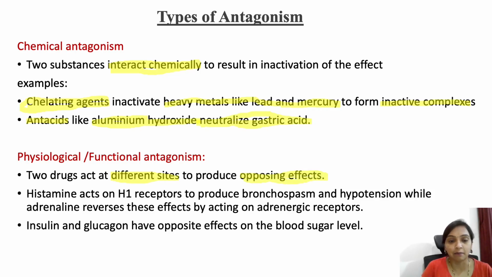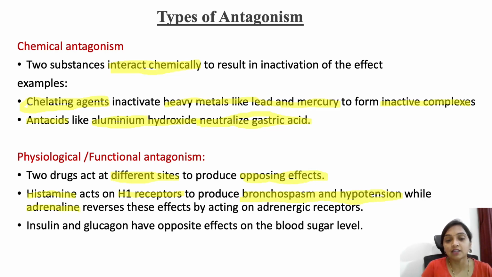The effect is hampered. An example is histamine. What is its effect? Histamine will produce hypotension and bronchospasm by histamine mediated action. This is the normal action of histamine, but the opposite effect is produced by adrenaline.